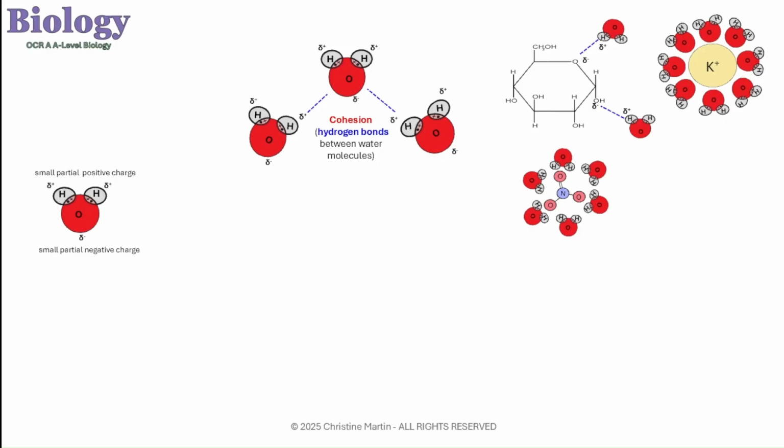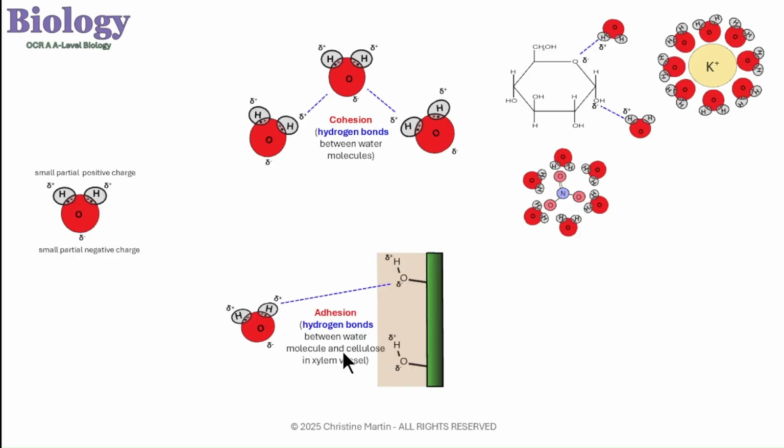In addition to its interaction with ions and polar molecules, water also exhibits adhesion. Now, this is the ability to form hydrogen bonds with other polar or charged surfaces. So we spoke about that when we talked about the xylem vessel.